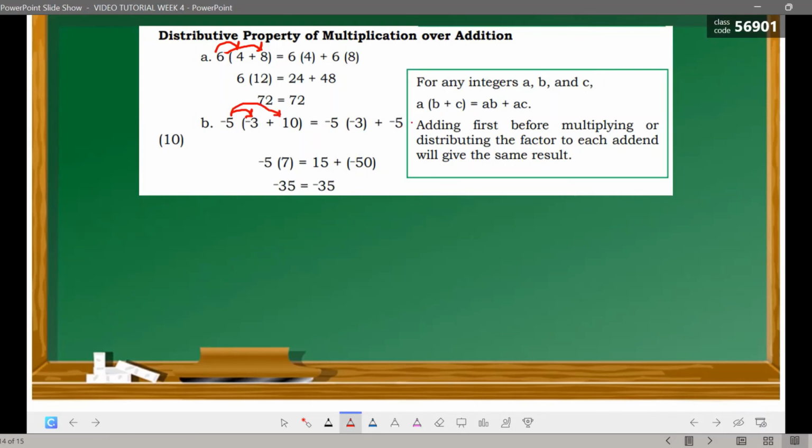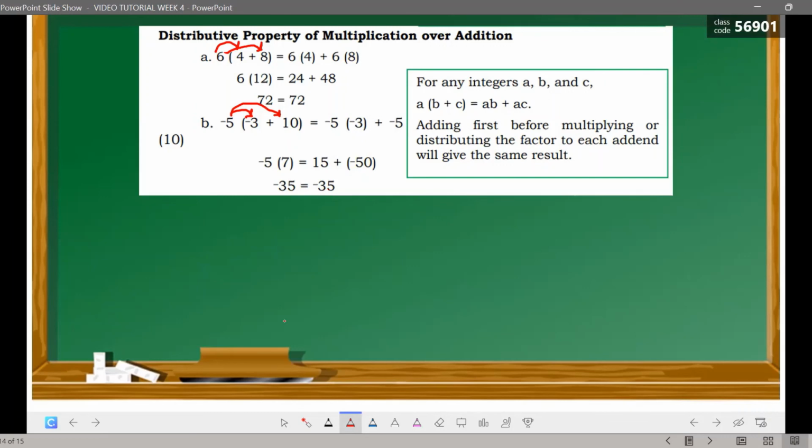Okay, so then, pwede rin i-add na natin. So, negative 3 plus 10, that is positive 7. Copy rin yung negative 5. And then, dito naman, negative 5 times negative 3 is positive 15 plus negative 50. Kasi negative 5 times 10 is negative 50. So, we have negative 35 is equal to negative 35.